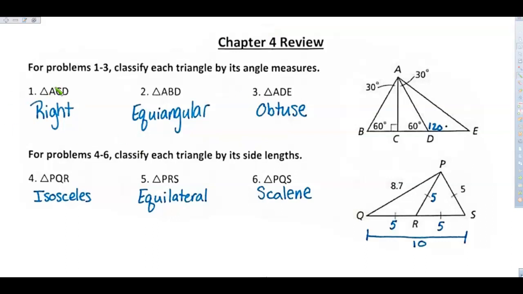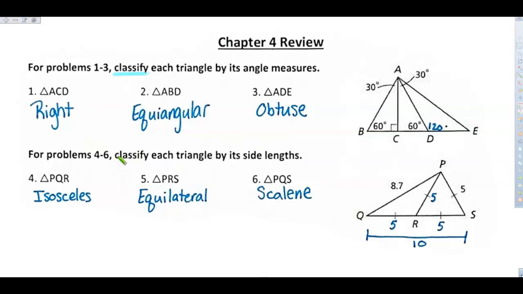All right, so if we look at number one, the thing that I want to make sure you understand is when we tell you to classify, we're talking right, obtuse, acute, equiangular, isosceles, equilateral, scalene. You've got to know classify does not mean, some people have put things like side angle side for strange things.